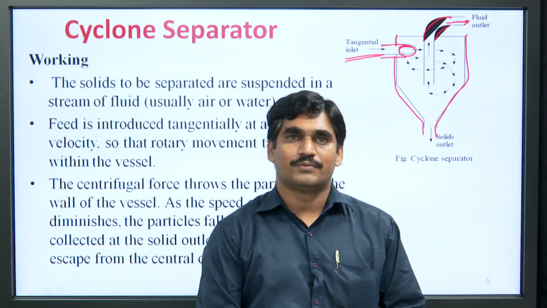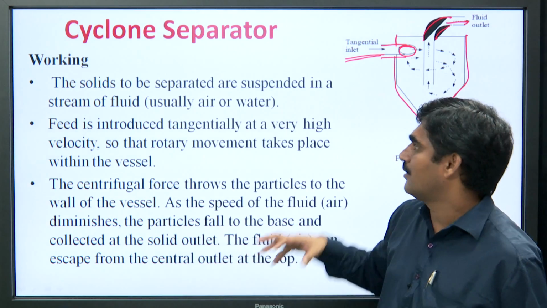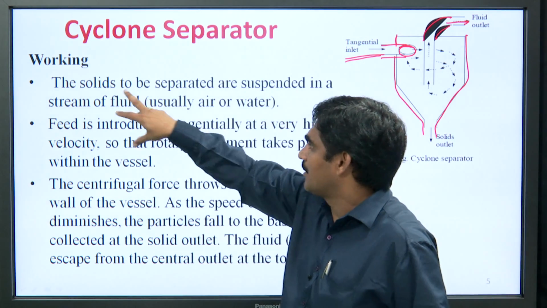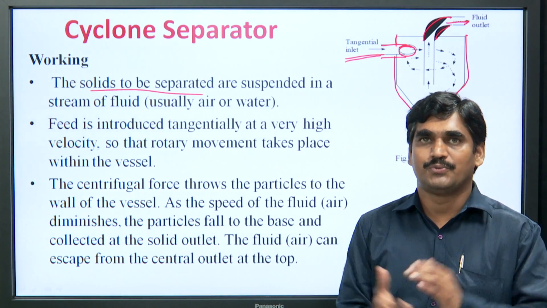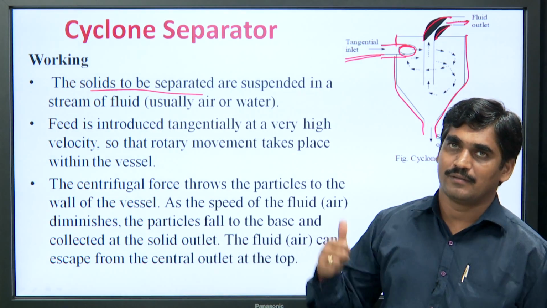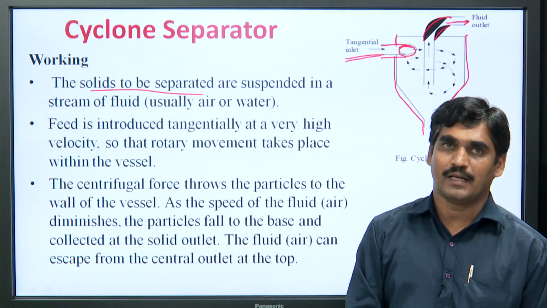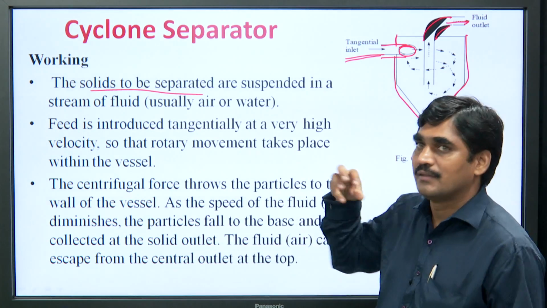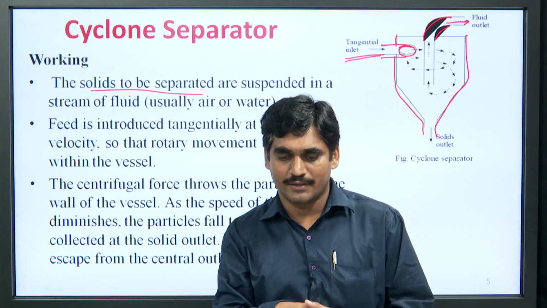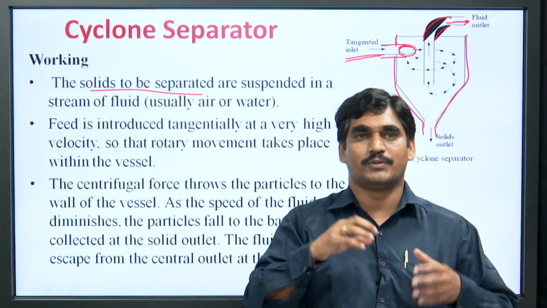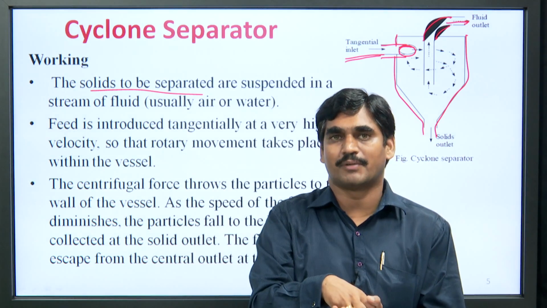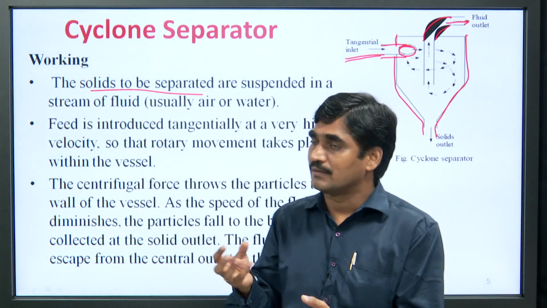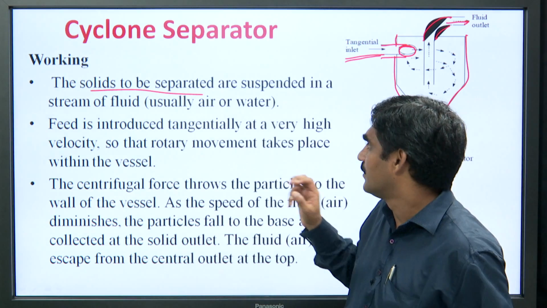Now, working of this cyclone separator, how does it work? The solids which we want to separate by using this cyclone separator are suspended in a stream of fluids. So, we first have to make a suspension of the solid particles along with fluid.